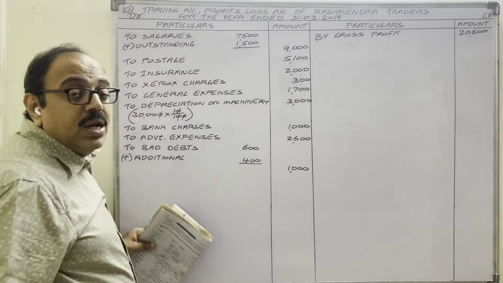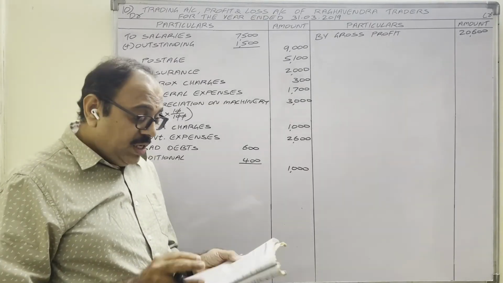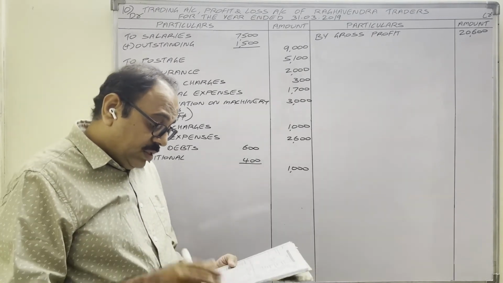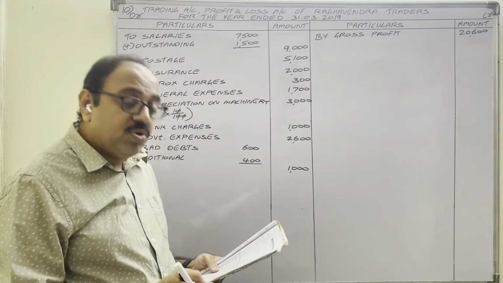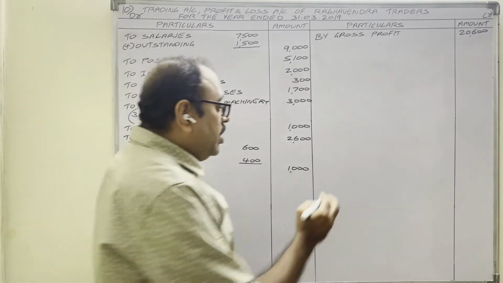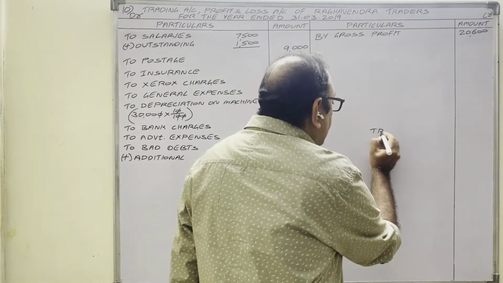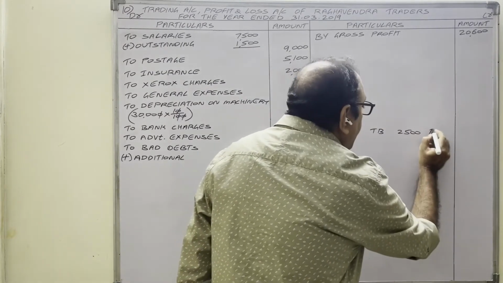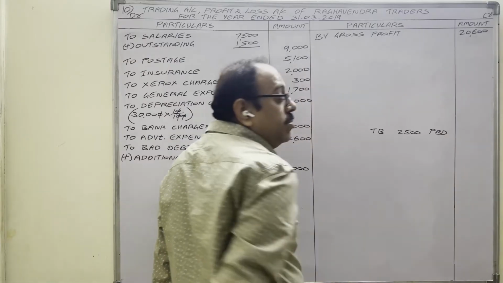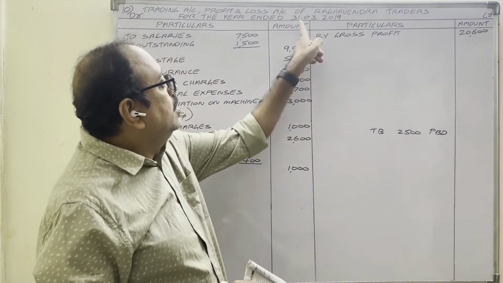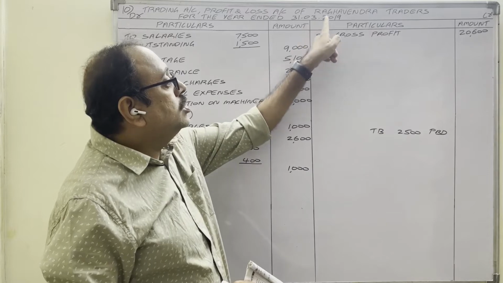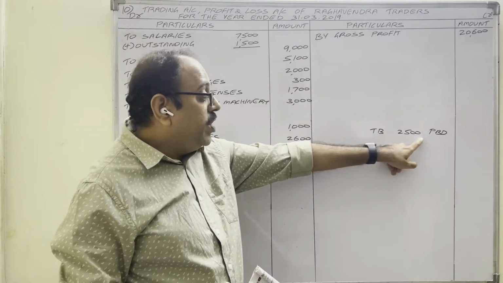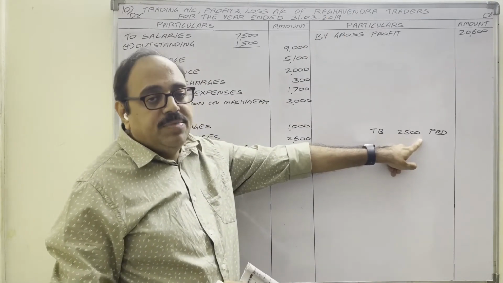Now come to reserve for bad debt. See, in trial balance, he is giving 2500. So trial balance amount is nothing but opening PBD, year starting PBD. Nothing but 1st April 2018, we provided 2500 PBD.